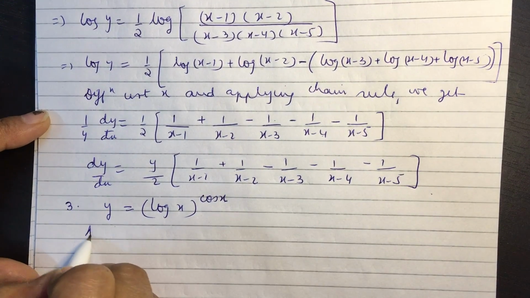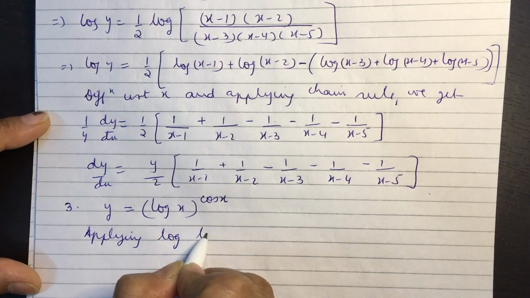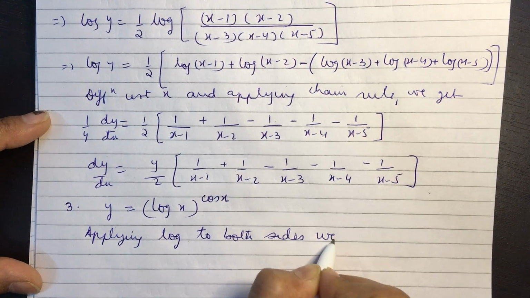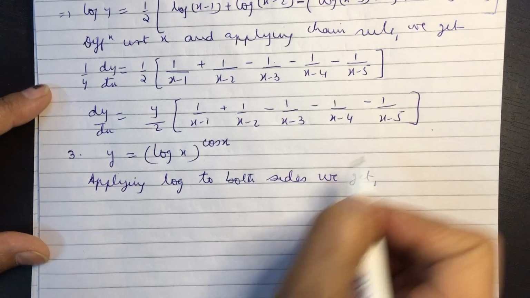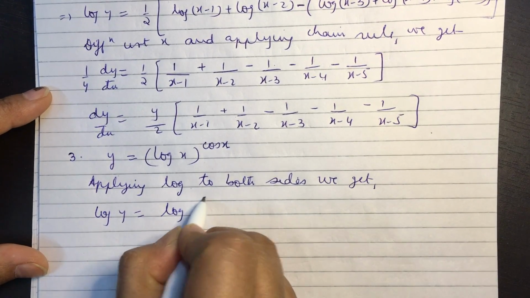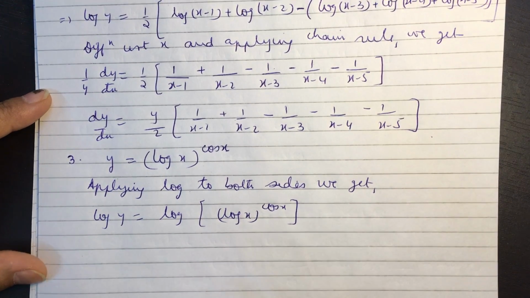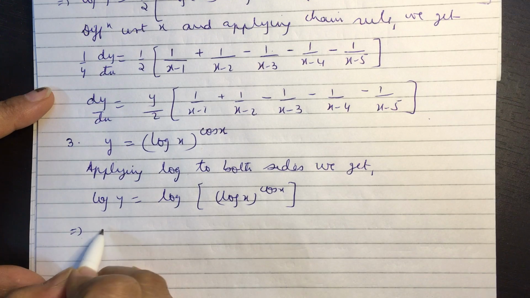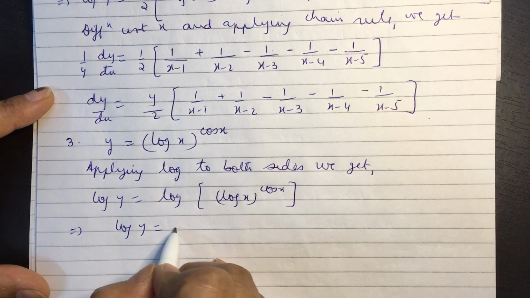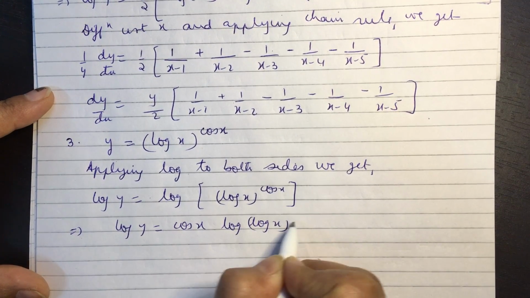So, again applying log to both sides, we get log y is equal to log of log x raised to the power of cos x, and this gives us log y is equal to, this cos x comes here, cos x times log of log x.